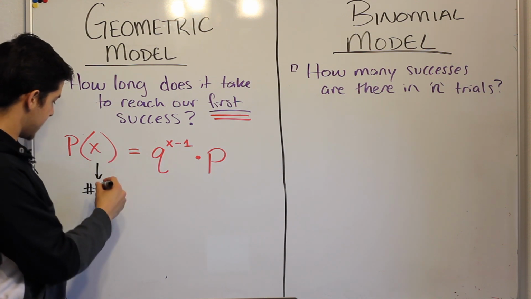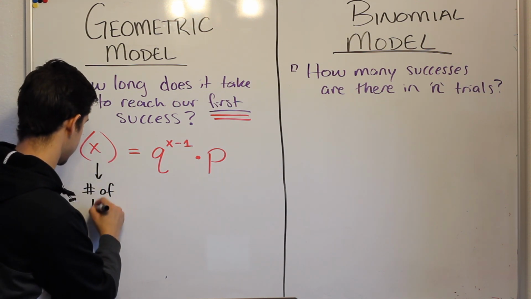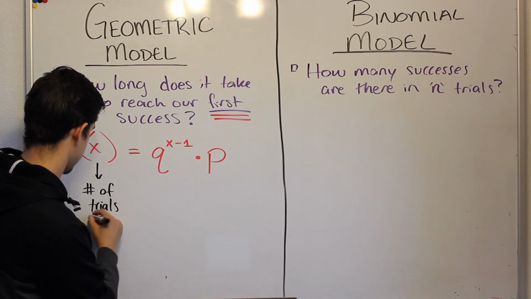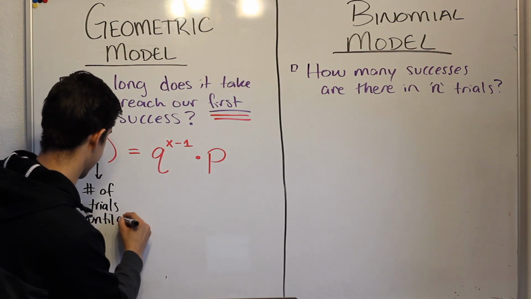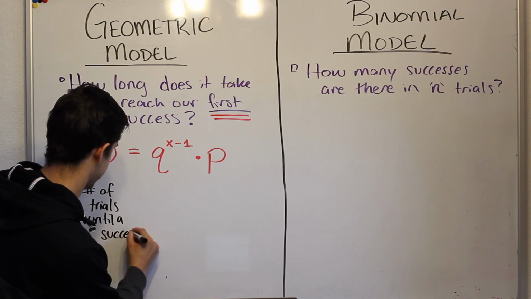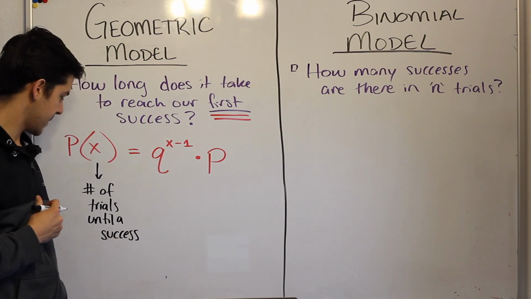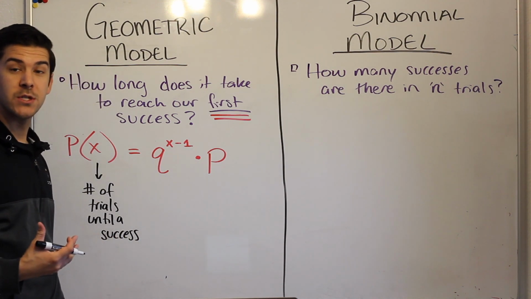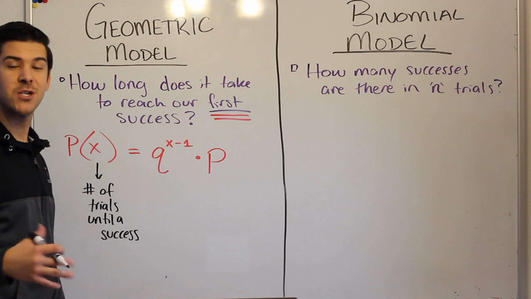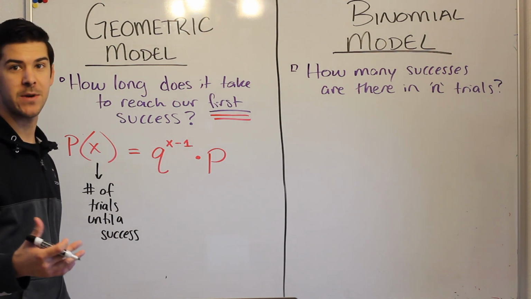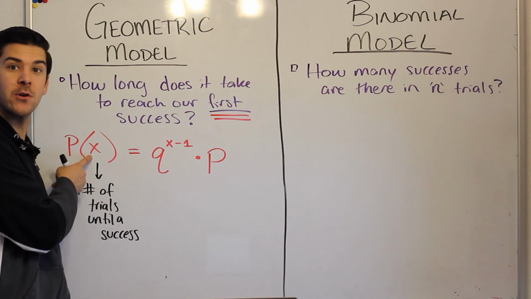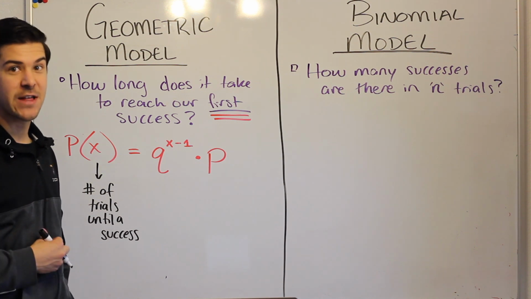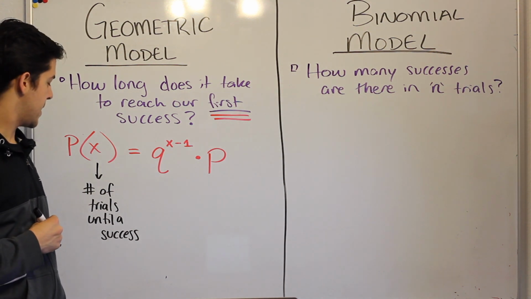So here, X represents the number of trials until a success. So when we're taking notes, if a problem asks you to determine the probability of something happening after a certain amount of trials, you can consider that a geometric probability.